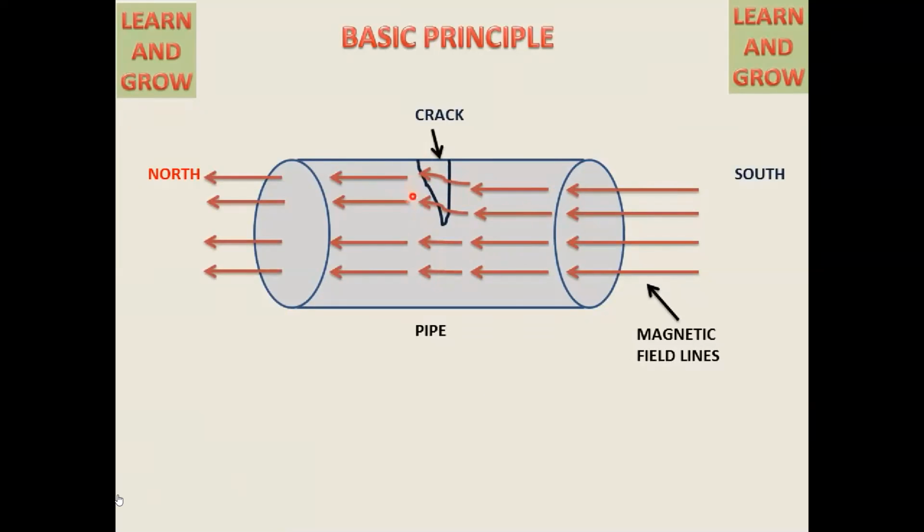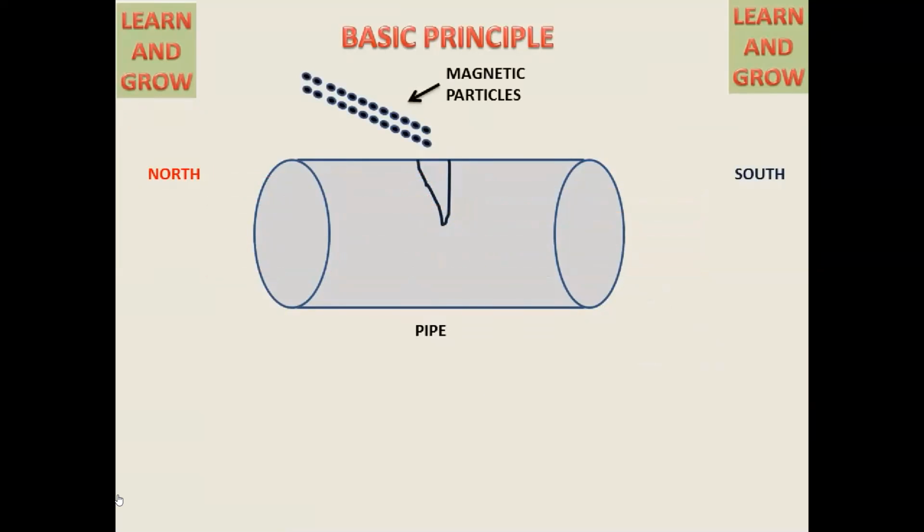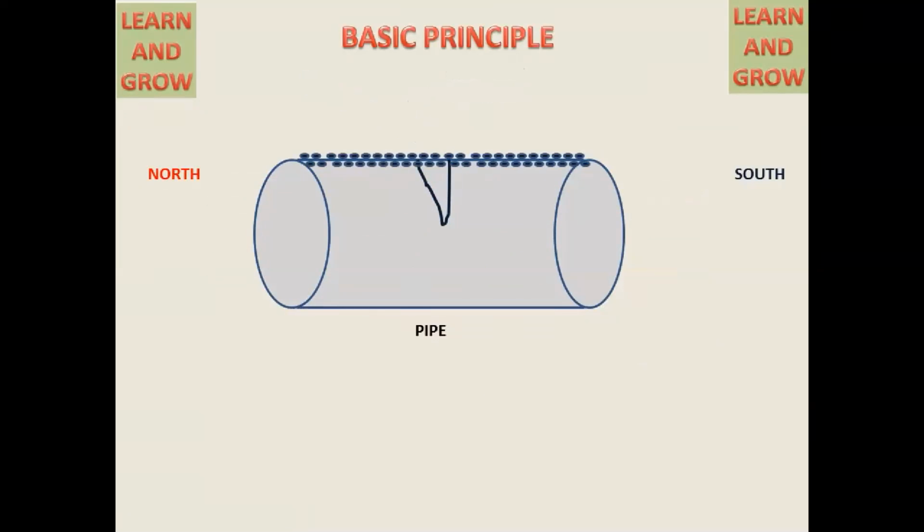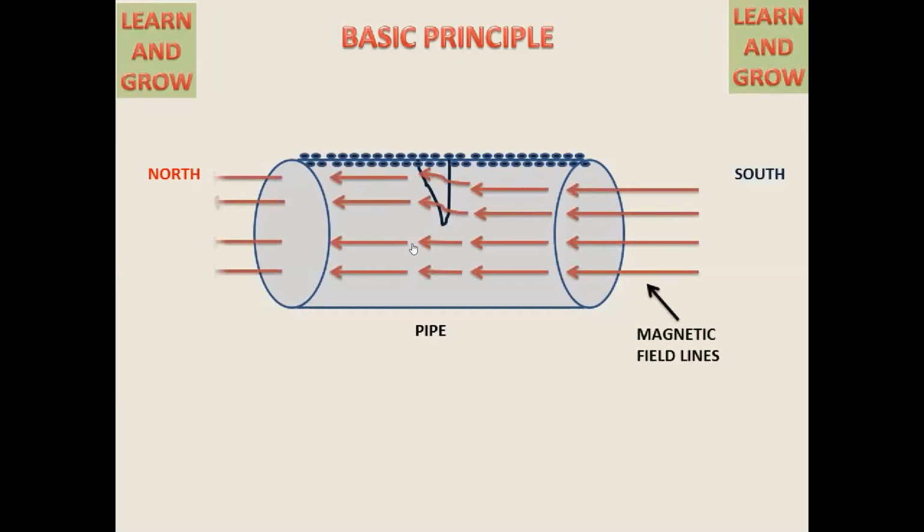Just see the video, later I will explain. See this, simply, where the magnetic field lines are disturbed, there is a leakage.